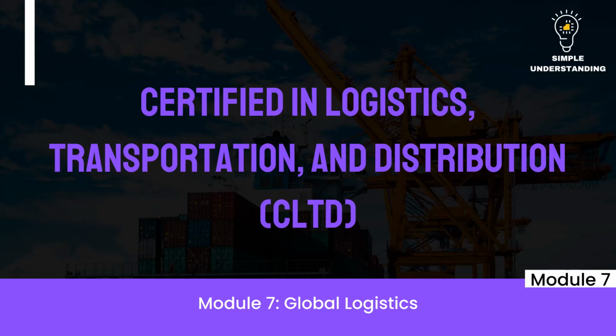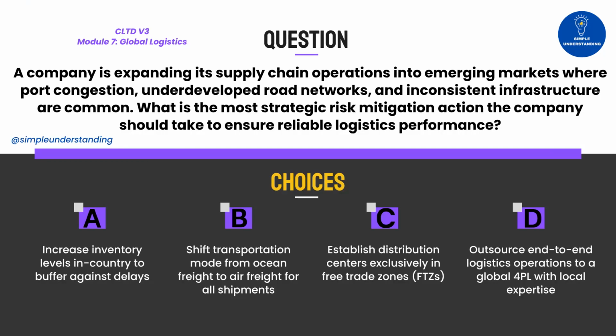Module 7, Global Logistics. Question 1. A company is expanding its supply chain operations into emerging markets where port congestion, underdeveloped road networks, and inconsistent infrastructure are common. What is the most strategic risk mitigation action the company should take to ensure reliable logistics performance?